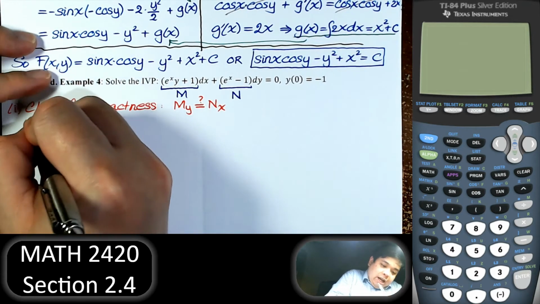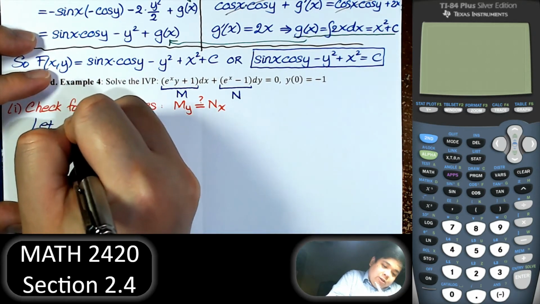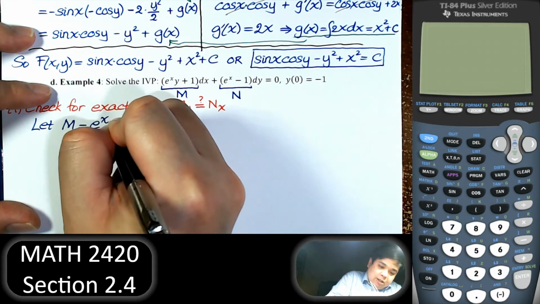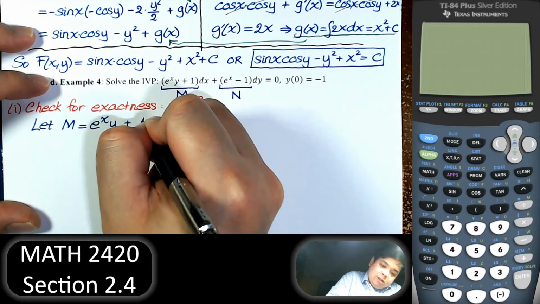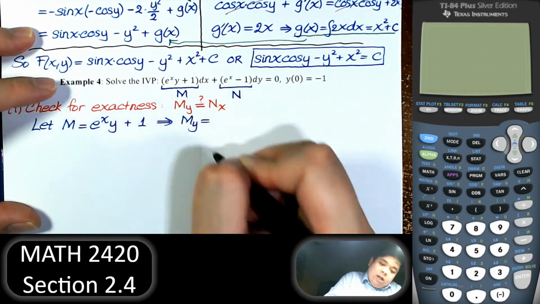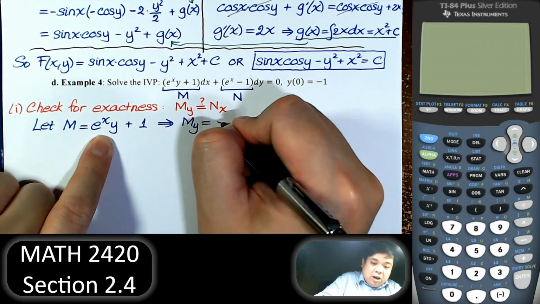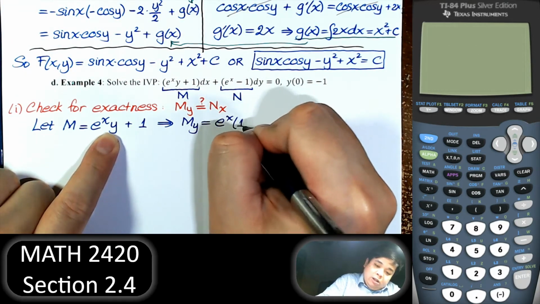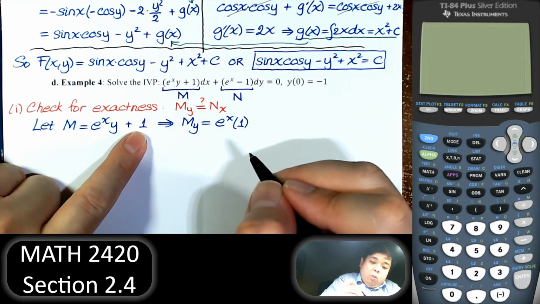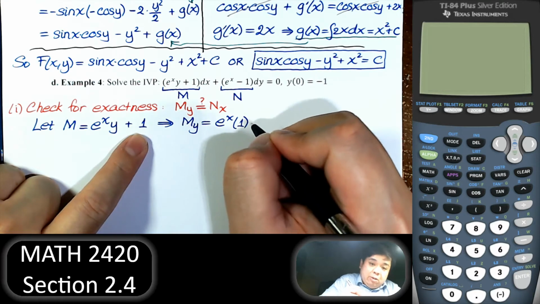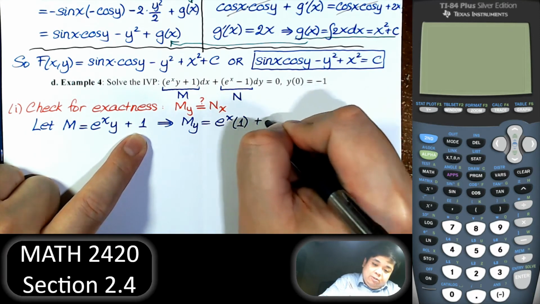So let m equal e to the x times y plus 1. Take the derivative with respect to y. With respect to y, e to the x is a constant. We stay there. The derivative of y is 1. The derivative of 1, a constant, with respect to any variable is 0.